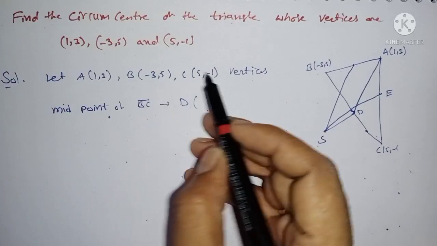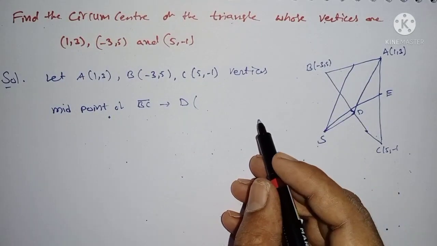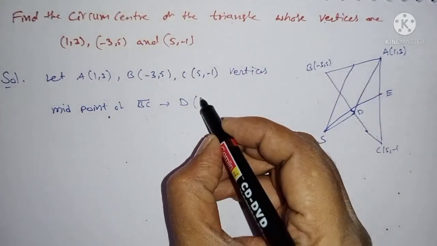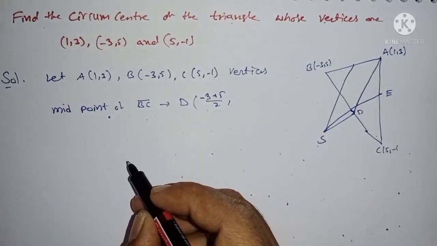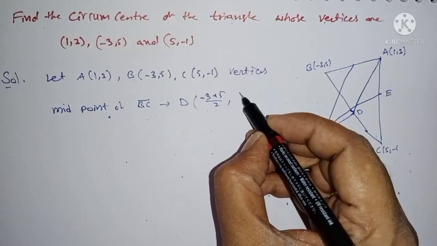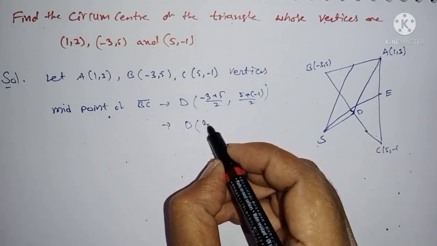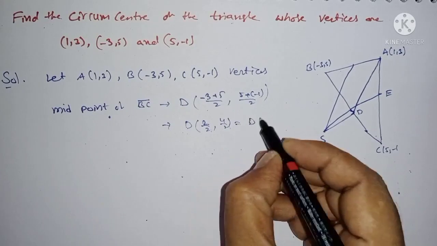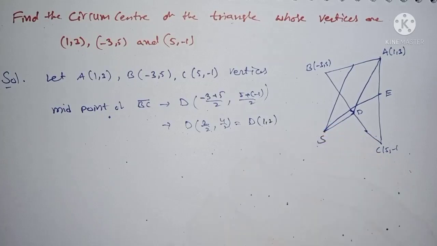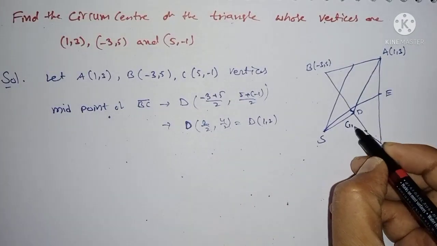Let the vertices be A, B, C. Midpoint of BC is ((-3+5)/2, (5+(-1))/2). That implies D is (2/2, 4/2), that is D is (1, 2). This is the midpoint D.